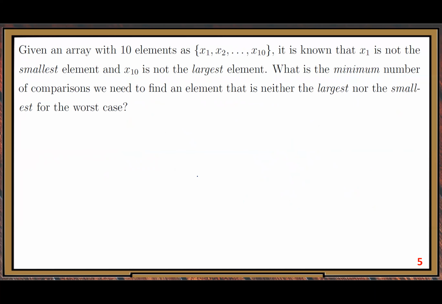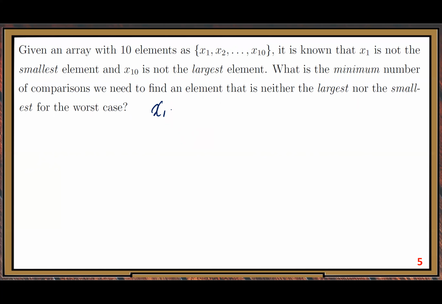The next one, let's look at this. We did a similar one in our midterm, but let me repeat this question another time. Given a 10-element array, it is known that x1 is not the smallest element, and x10 is not the largest element.